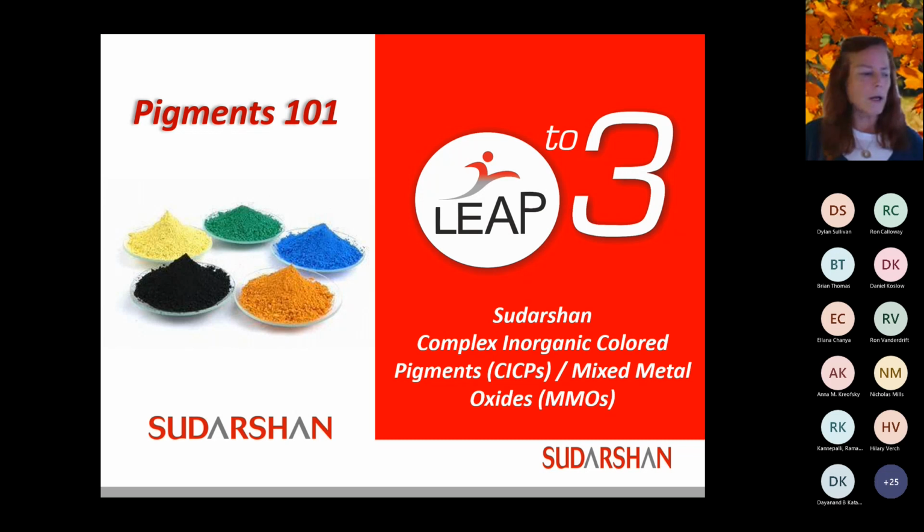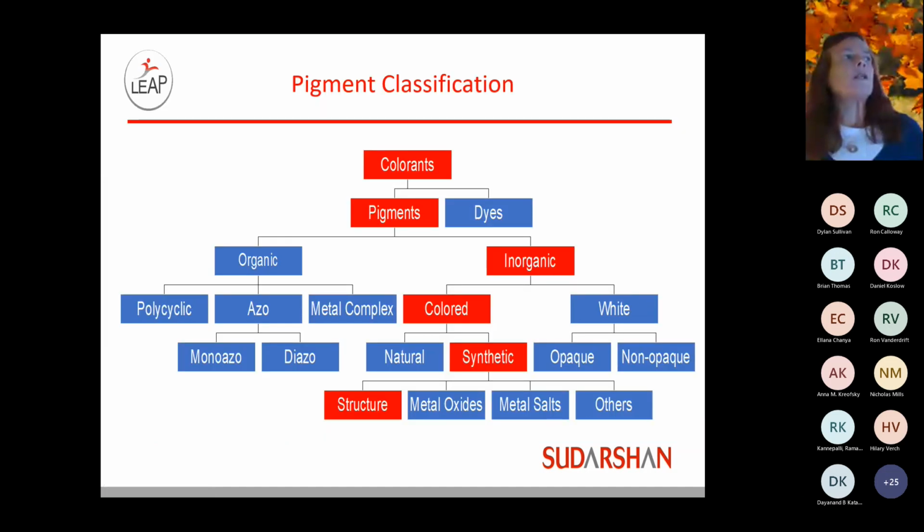So we are talking about the CICPs. As we've talked about in previous webinars, they are part of the inorganic grouping of pigments, and they are synthetic in nature. And they do have a structure towards them. So they have a unique category in this subsegment of inorganic pigments.